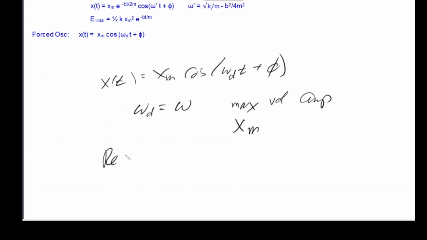And this is called resonance. So when you hit the natural frequency of an oscillator with an external force of that same frequency, you greatly increase the displacement, velocity, and amplitude of that system. And this is what has caused buildings and bridges to fall down, this resonance frequency.